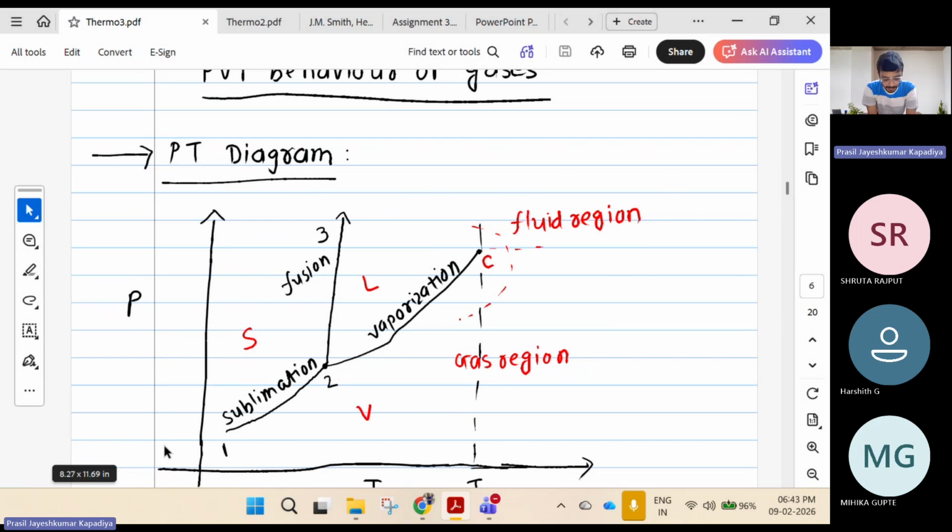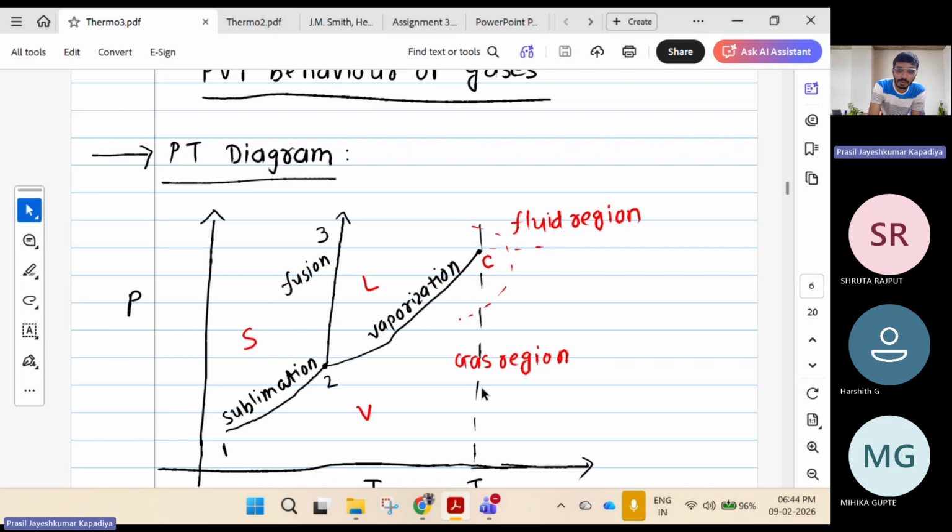What will be P? What will be my F? F is C minus P plus 2. So what do you get as F? Is it 1? Yes, it is 1. So I can vary either pressure or temperature and still get sublimation.